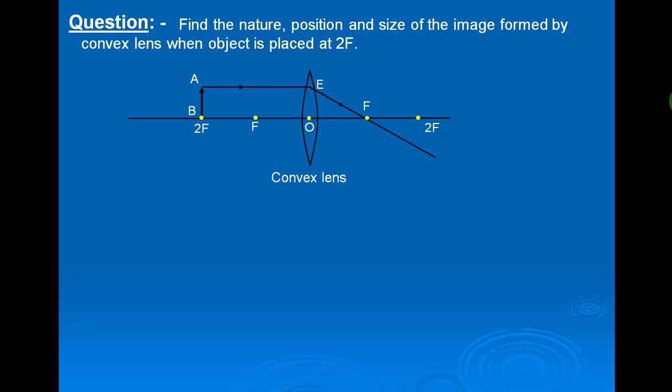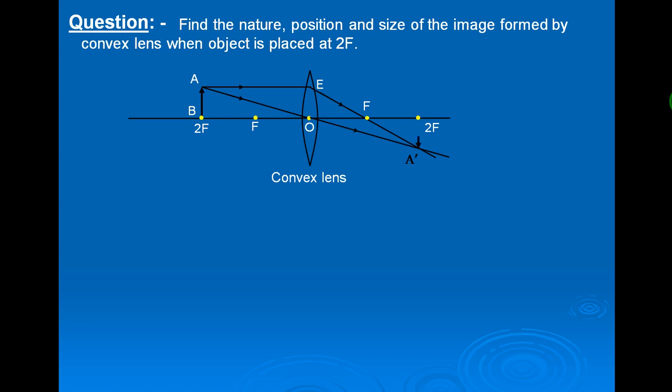Now another incident ray of light from point A which is passing through the optical center, and according to the third rule, it must pass undeviated. Now both the refracted rays of light intersect at point A dash, that is, the refracted rays of light actually meet at point A dash. So A dash is the real image of point A.